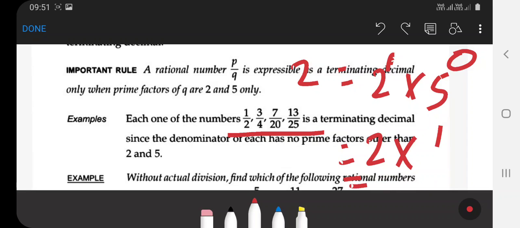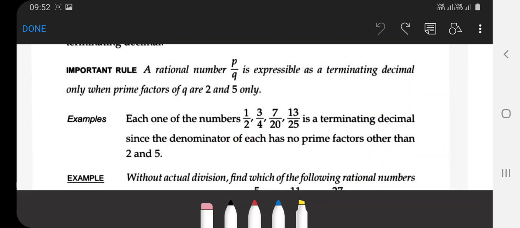So here the mention: a rational number p by q is expressible as a terminating decimal only when the prime factors of q are 2 and 5 only.